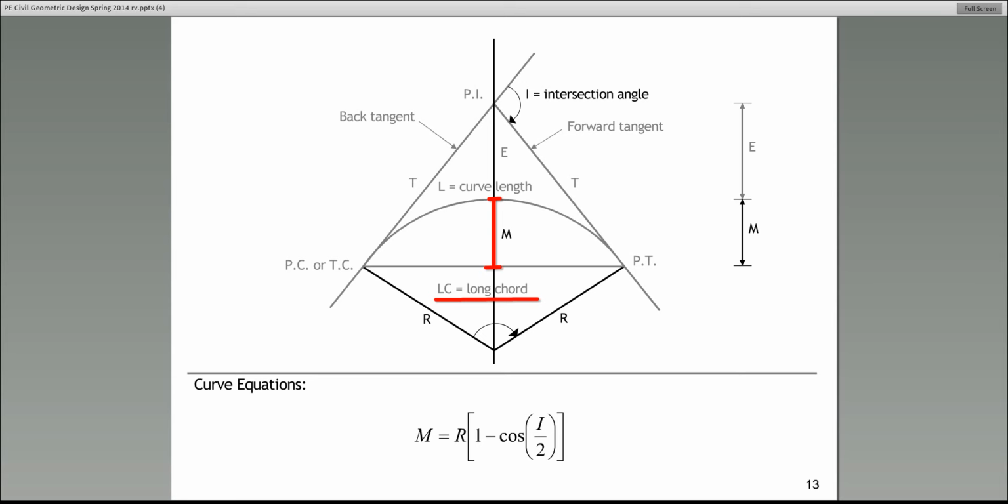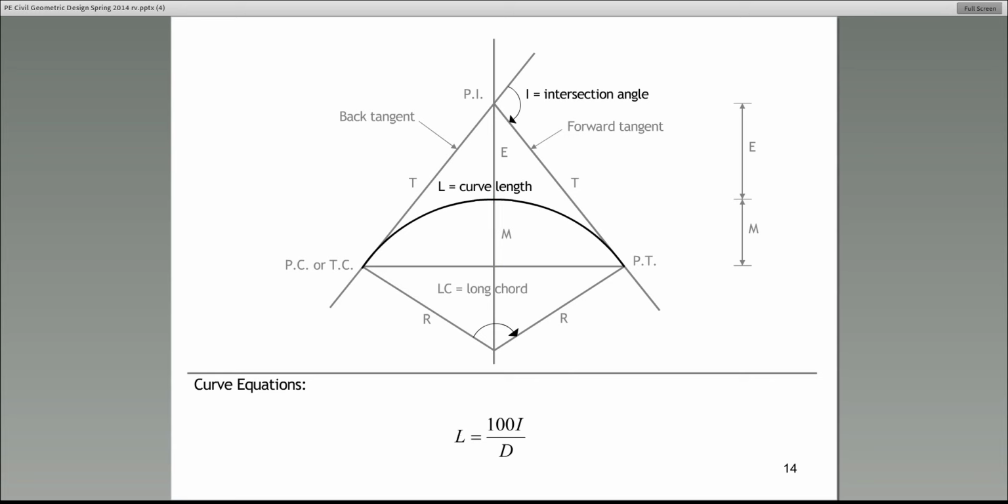Does everybody see that? All right. So if they ask you to calculate the middle ordinate for a curve, you either are given the radius, or you can somehow calculate the radius, somehow calculate the intersection angle, or that may be given to you. So make a substitution and come up with the value of M. All right?